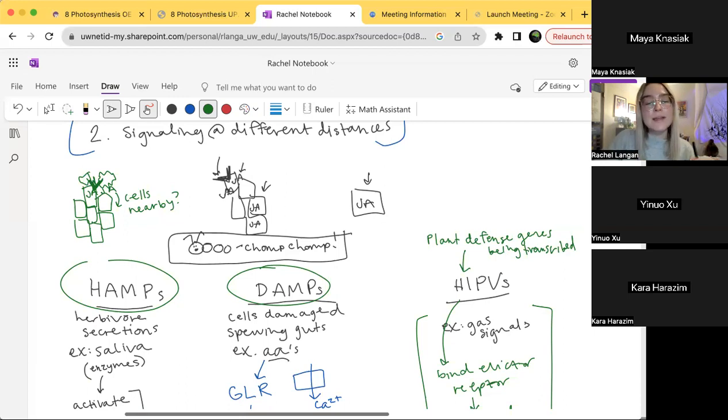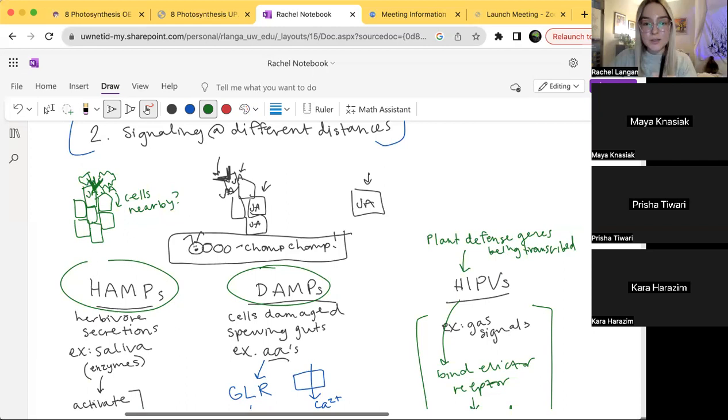So not only can JA go through plasmodesmata nearby, but it can also travel through phloem. Thank you, because I was going to forget to mention that. So in addition to HIPVs, JA traveling through phloem would be a way for JA signaling to reach super far away. It's like the one time xylem and phloem comes up.